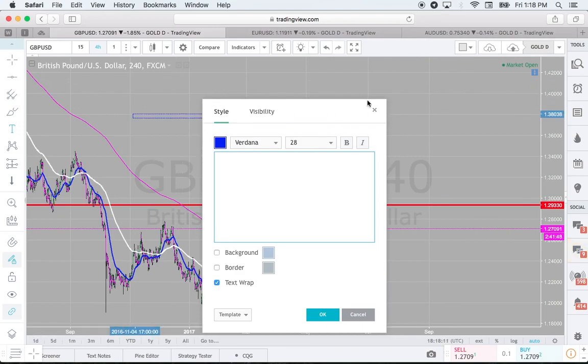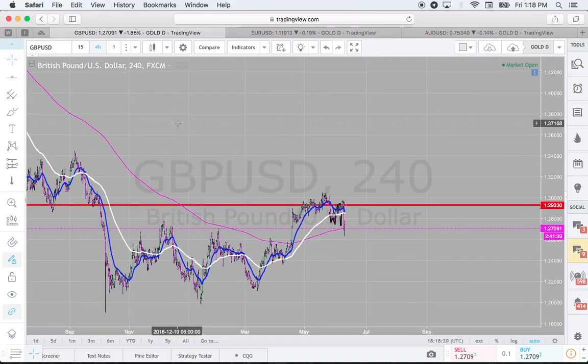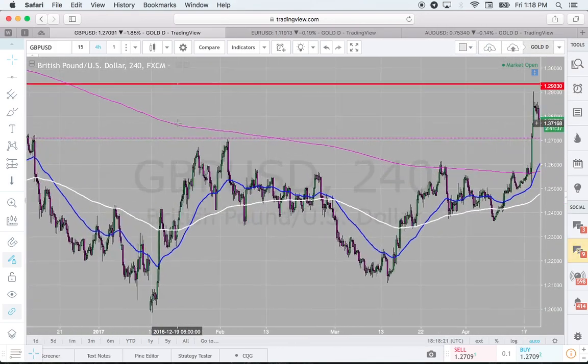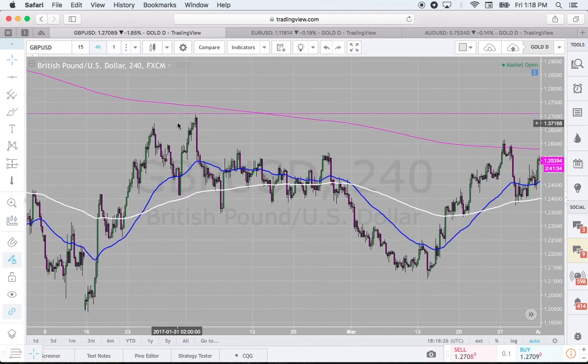Alright, so next, I believe we were going to talk about wedges. Wedges and wedge breakouts. So many retail traders use or look for wedges when they're trading because this is a very easy pattern for the dealer to create, and it's a very common pattern that is created within the market.